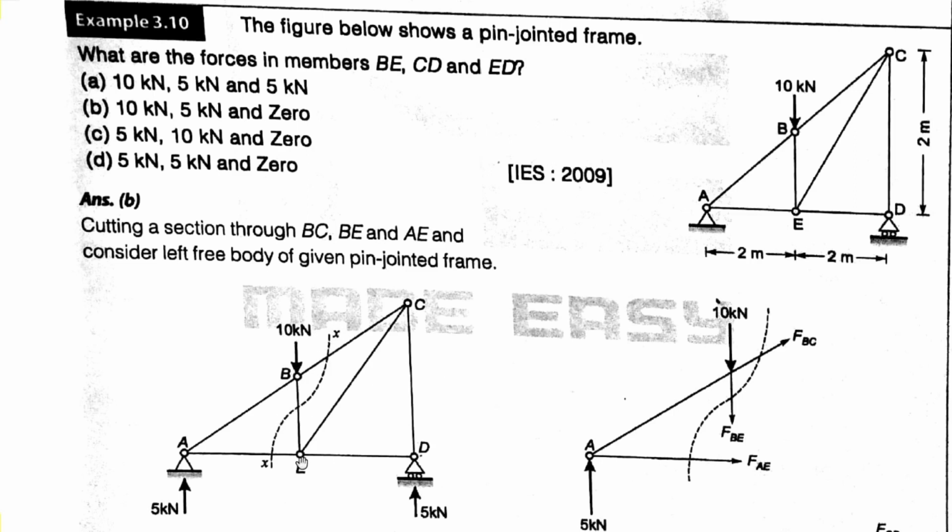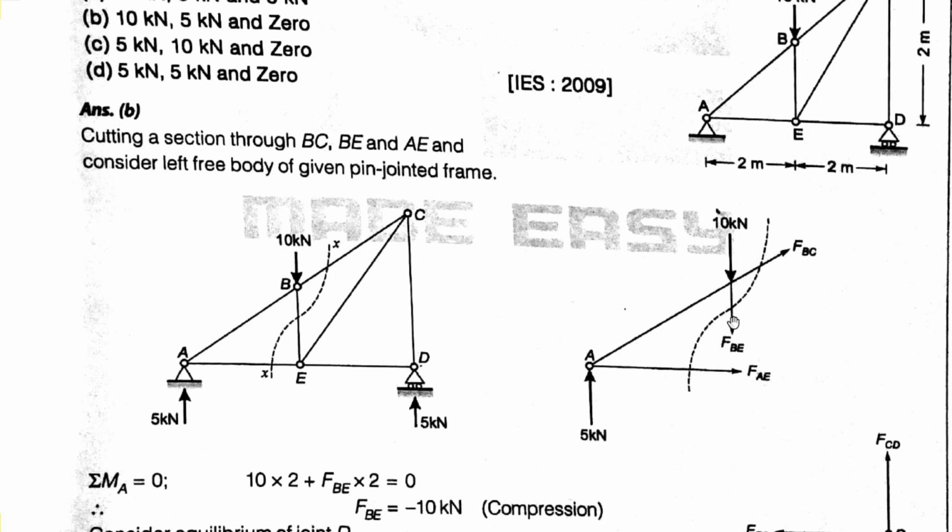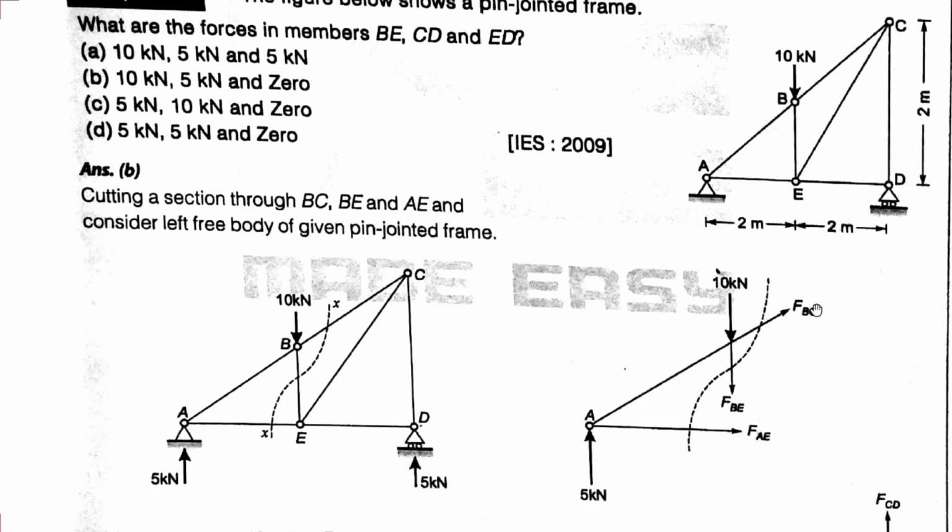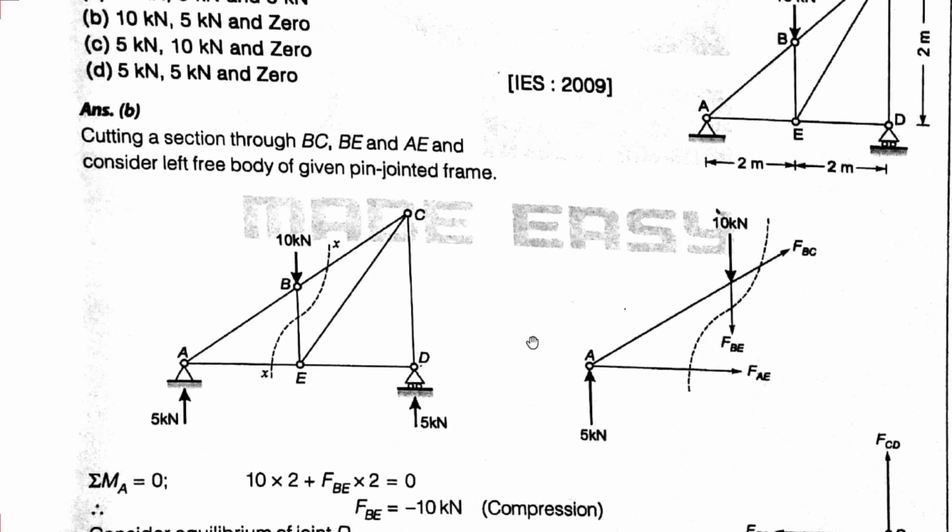Cutting a section through BC, BE and AE, such that the member force BE is also considered here. This is FBC, force in BC member, and this is FBE. I have drawn here the free body diagram of the left hand portion.